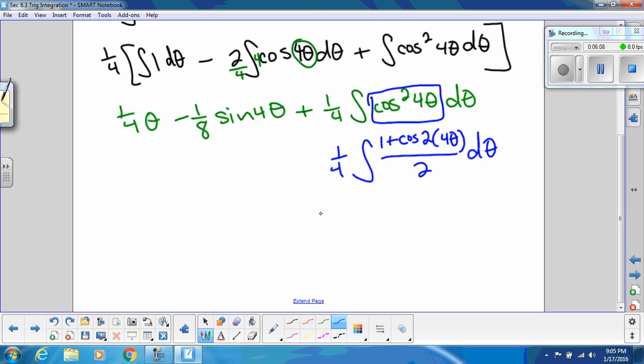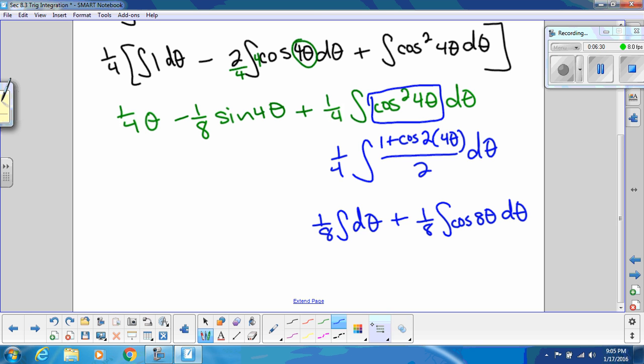So that gives me 1/8 d theta plus 1/8 cosine of 8 theta.